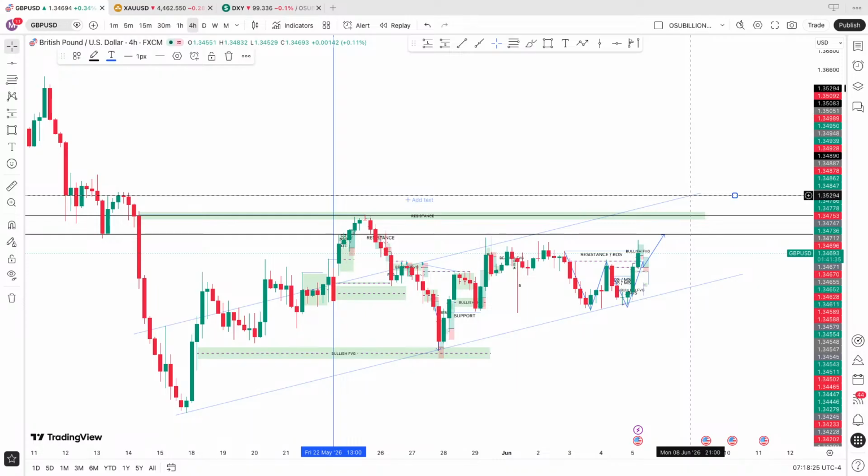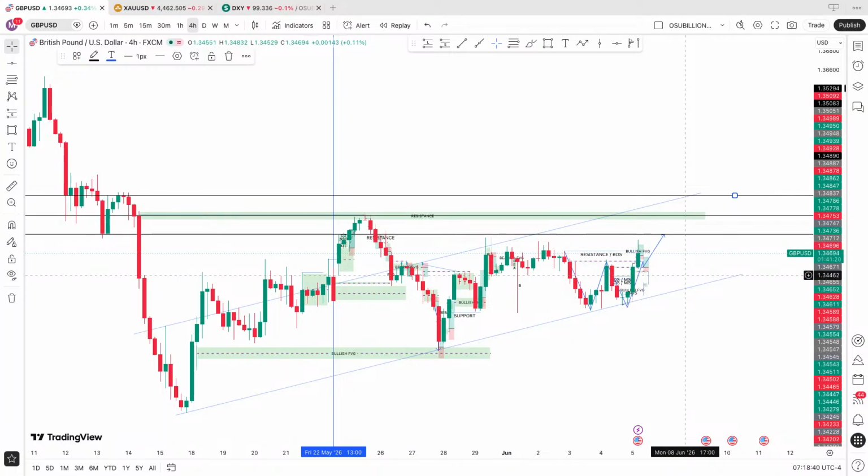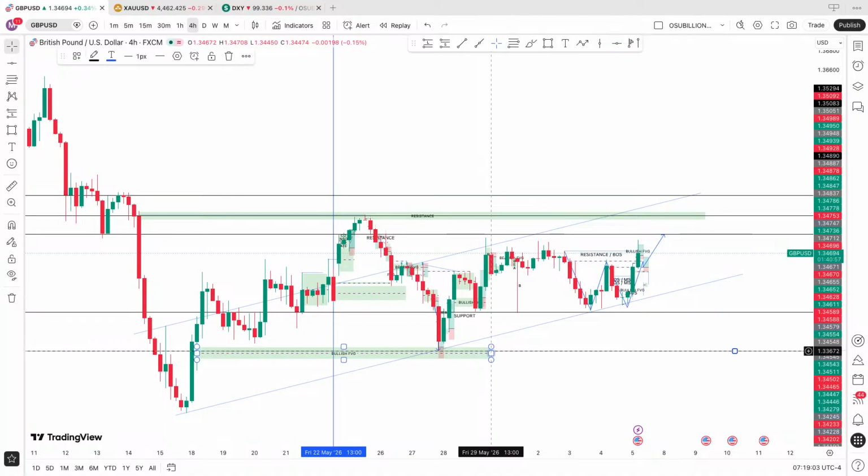This is not a prediction. This is actually based on the setup. Our setup is letting us know that if it should continue its bullish trend, this is what we are looking out for. But if it should reverse, then we are going to have a steep downward movement first onto this low, which is 1.34076, and another low of this mark, which is 1.33672.